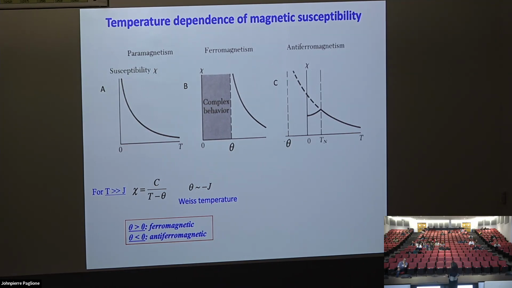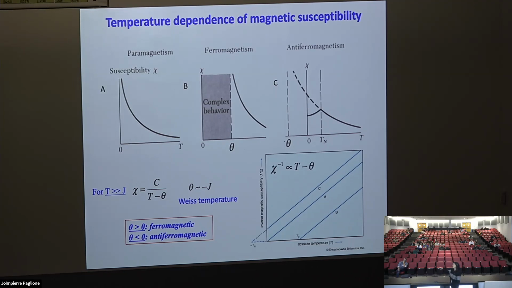So if you measure magnetic susceptibility, you can plot, for example, 1/χ as a function of T minus θ. If θ is 0, it tells you it's paramagnetic. If θ is positive, this will give you the Curie temperature. And if it extrapolates to something negative, that means the interaction is antiferromagnetic.